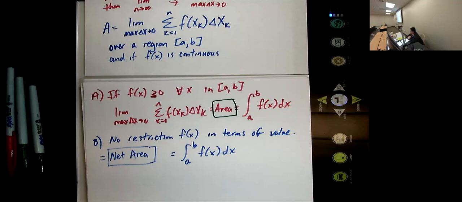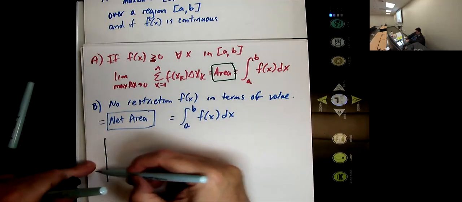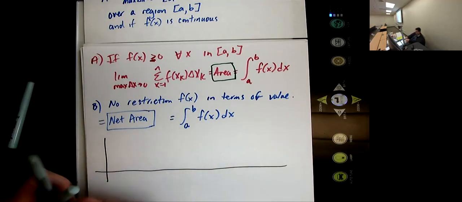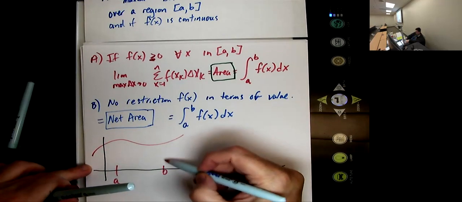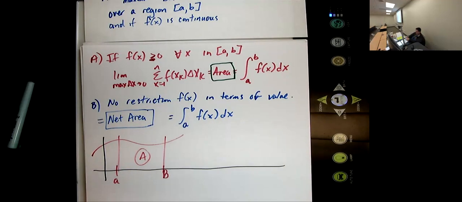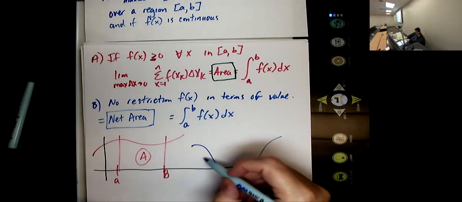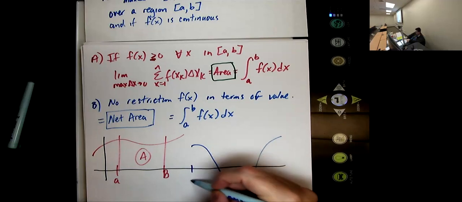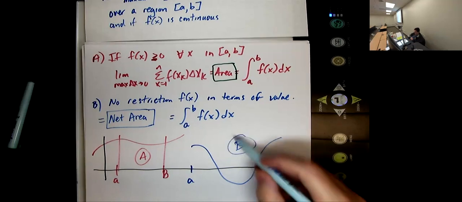So one requires f of x to be positive everywhere, so you don't have any negative values. That's part A. And this would be like part B. There's negative regions.